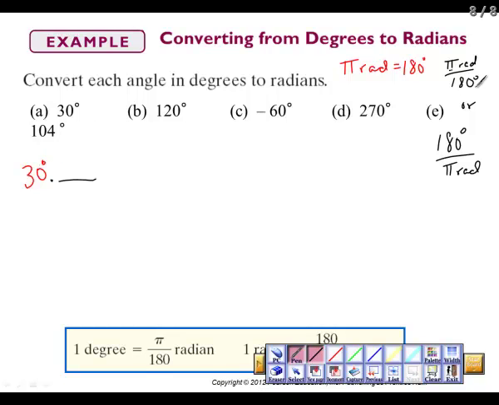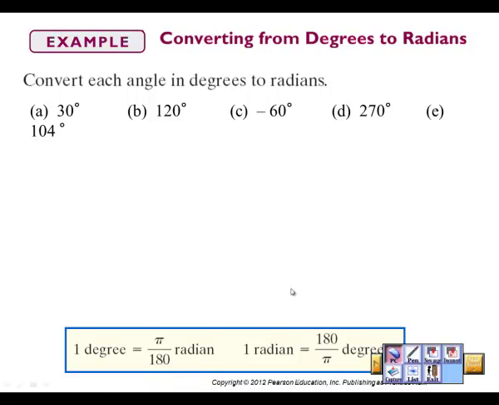It would have to be the first one, because we want the 180 degrees in the denominator so the degree units cancel. And that's what we did here. 30 goes into 180 six times, so we end up with pi over 6 radians.